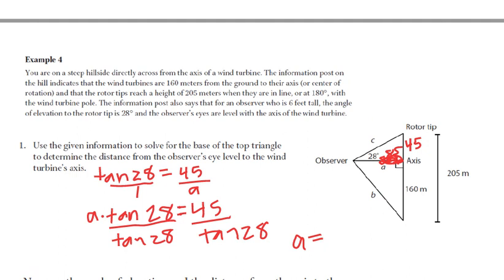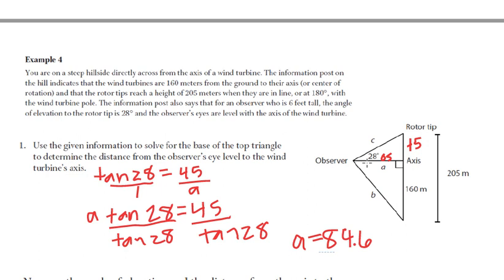All right, so we now know that the value of A is 85, and the next thing that we're going to look for is the value of B. It wants the distance from the eye level to the base of the turbine, knowing that the tangent of A there was 84.6. And when I put that, that's 85.